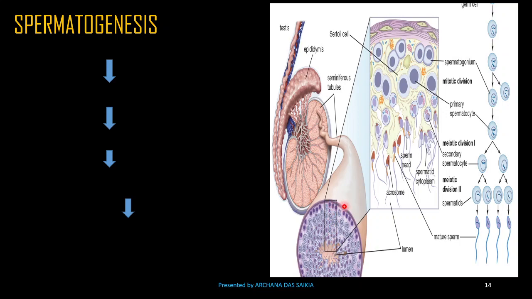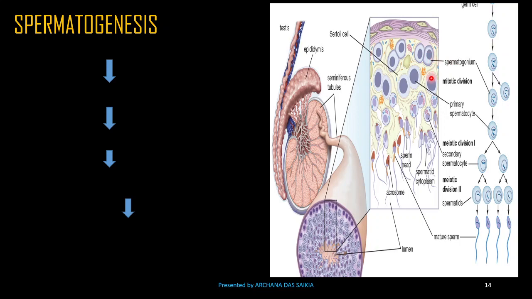From the inner side of the membrane of the seminiferous tubule, the spermatogonia start emerging, and as they divide, they move towards the center, so that when they are fully developed into sperms, they remain in the central portion. A small portion is enlarged here. These are the spermatogonia, which are diploid.